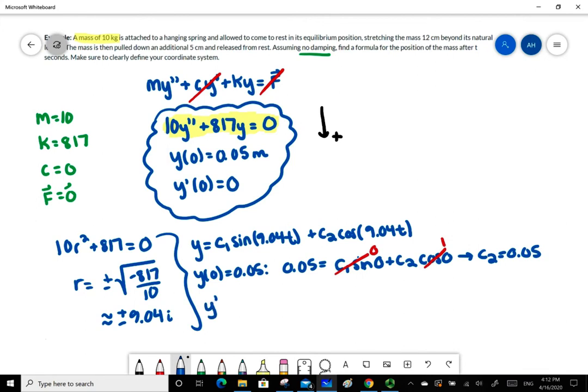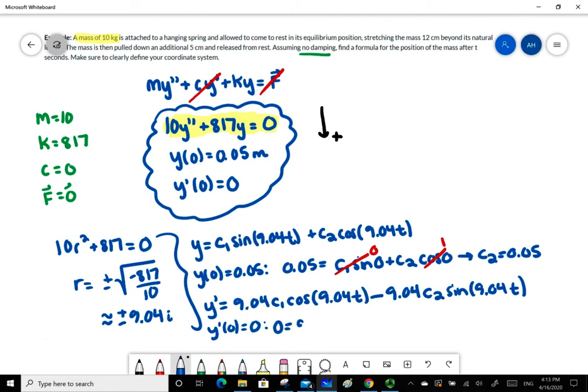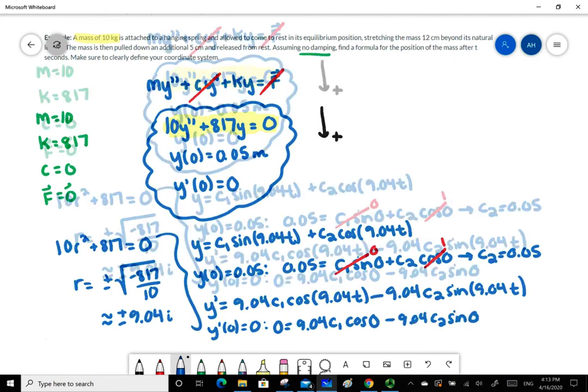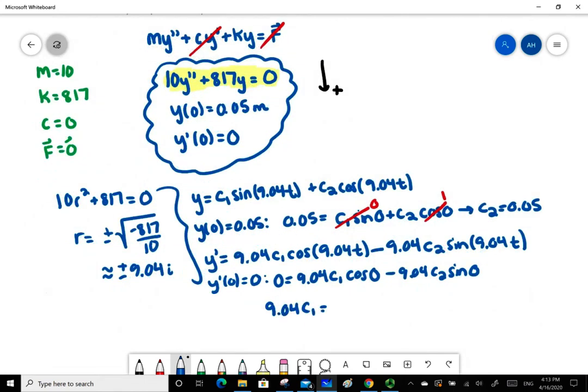Then, since y' = 9.04 c1 cos(9.04t) minus 9.04 c2 sin(9.04t), and y'(0) = 0, we have 0 = 9.04 c1 cos(0) minus 9.04 c2 sin(0). So 9.04 c1 equals 0, so c1 equals 0.